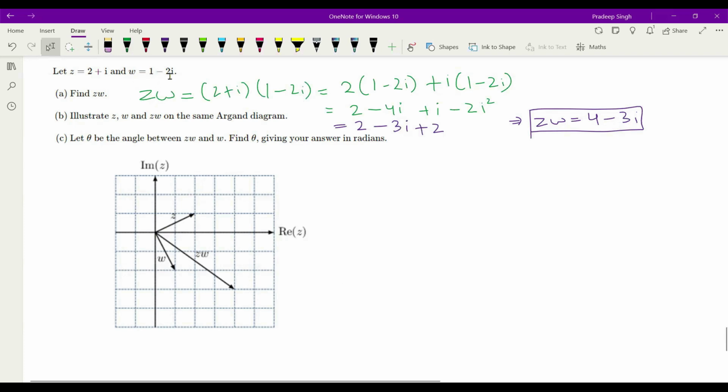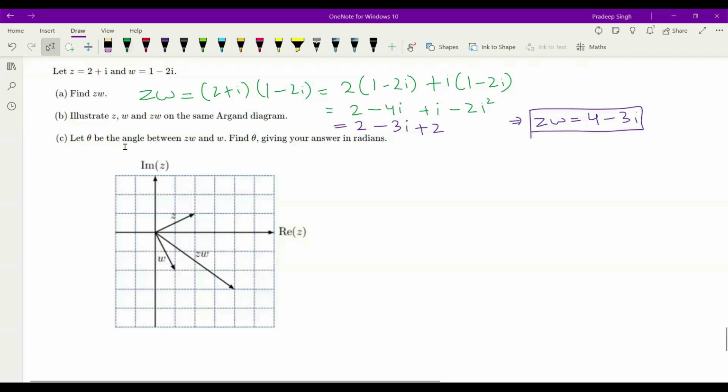Similarly, w was 1 minus 2i, which means w will be 1 unit on the real axis and 2 units negative on the imaginary axis. Similarly, zw has 4 minus 3i as the complex number, so 4 units on the real axis and negative 3 on the imaginary axis.